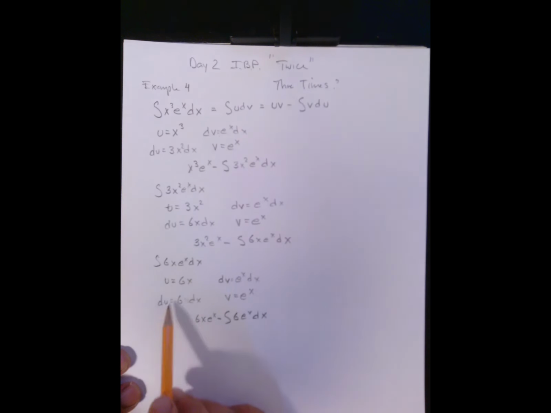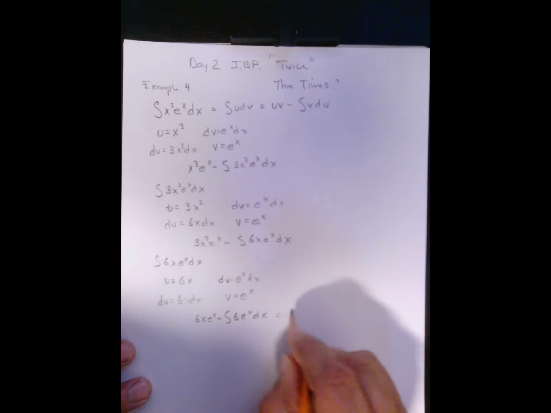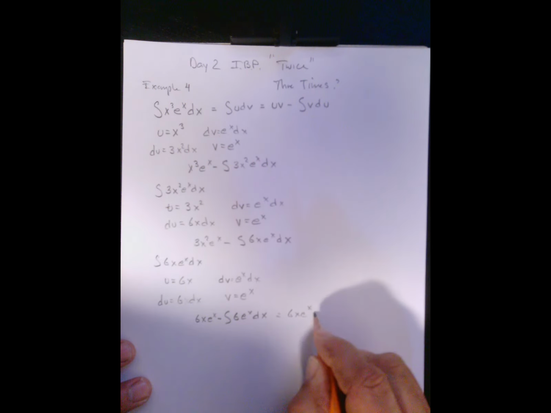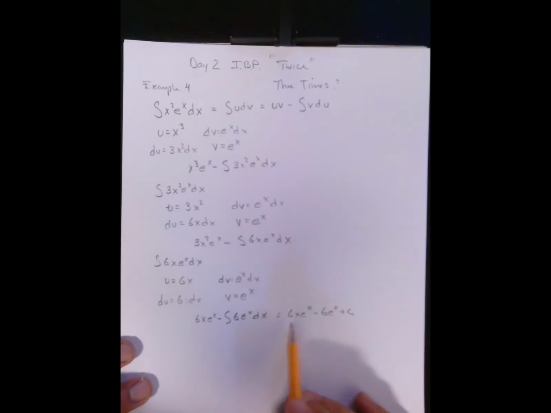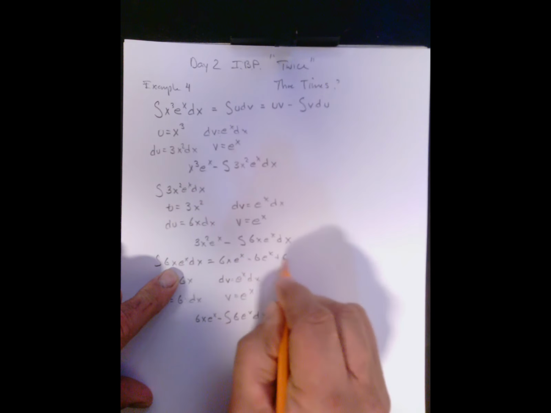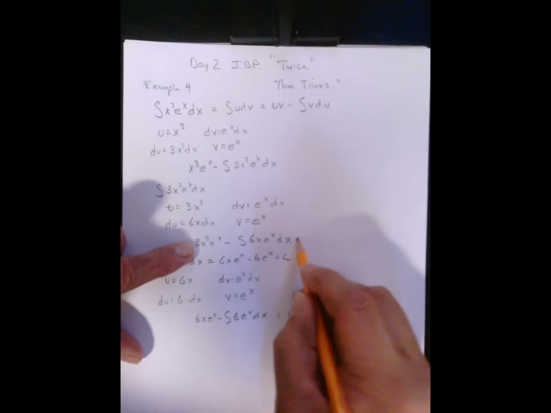Okay, notice the derivative of 6x was just 6 dx. And so now I'm left integrating 6 e to the x, which I can do. And so finally I am able to complete this integral, which I needed in order to complete this one.